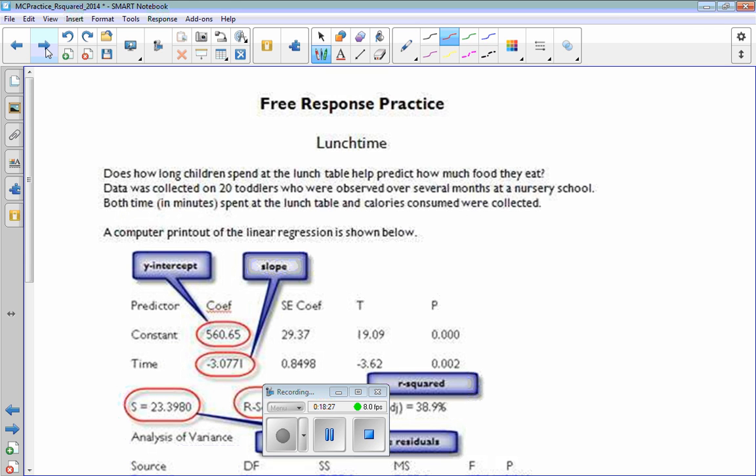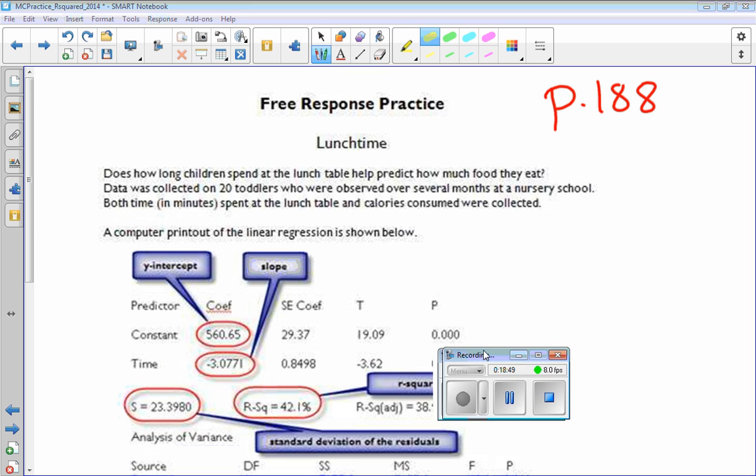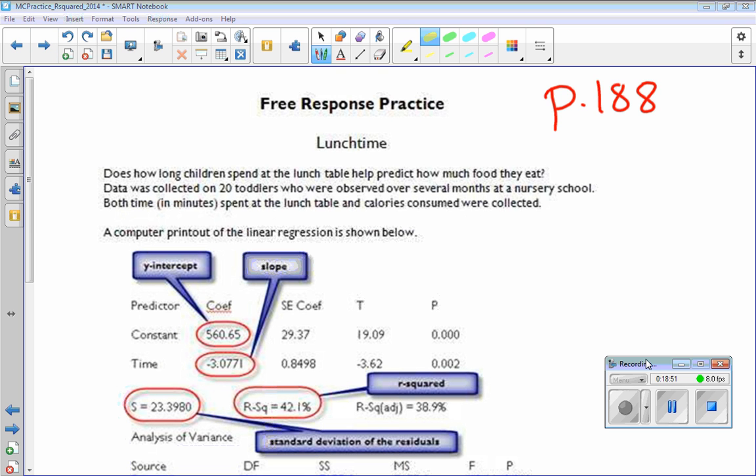But on page 188 of your textbook, there is also another example of a computer printout. If you don't have it now, you can look at it when you get home, and that's fine. But it tells you where to find the things that you need to write the equation of the line of best fit. So I've written it here for you as well.